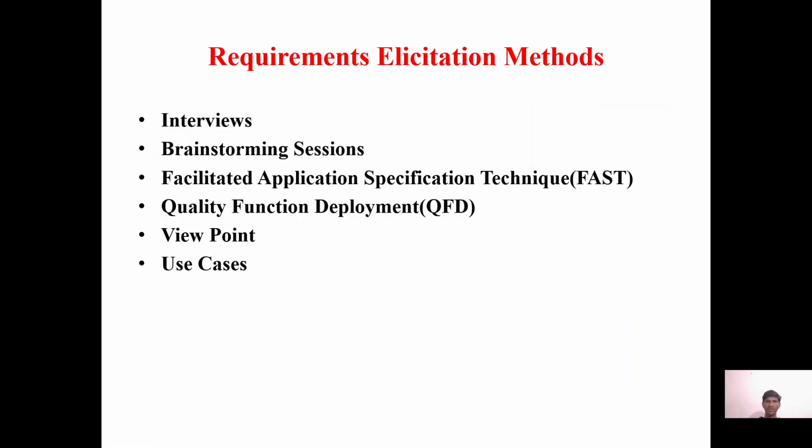There are different requirement elicitation methods: interviews, brainstorming sessions, FAST, QFD, viewpoints, and use cases. In an interview, you conduct interviews to understand the customer's expectations for the software. The questions will be posed to the stakeholders.